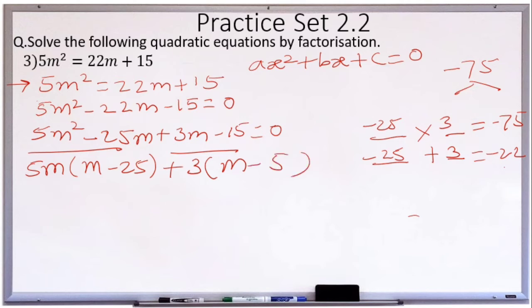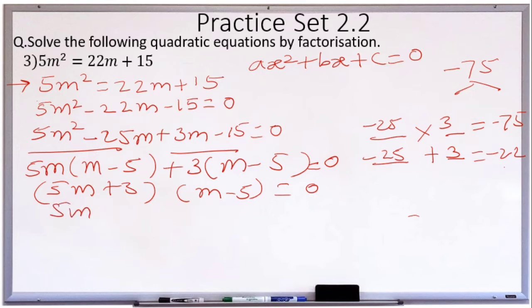Sorry, m minus 5 will be there, m minus 5 plus 3 into m minus 5, which is equal to 0. Now writing 5m plus 3 in one bracket and m minus 5 in another bracket, which is equal to 0. Again by our property, at least one of them is 0.